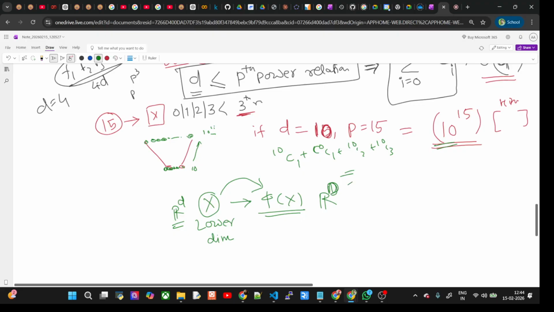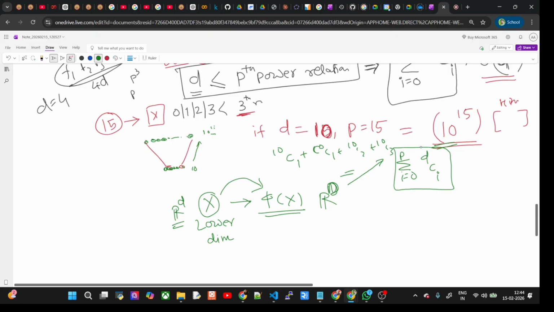What is this higher dimension you are calculating? It is the summation of i equal to 0 to p of d c i. It's really very hard to compute this kind of computation.